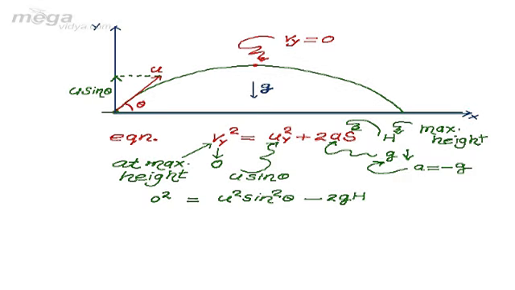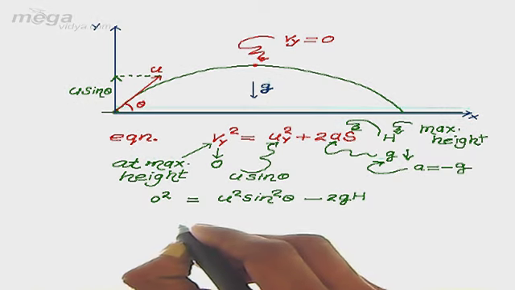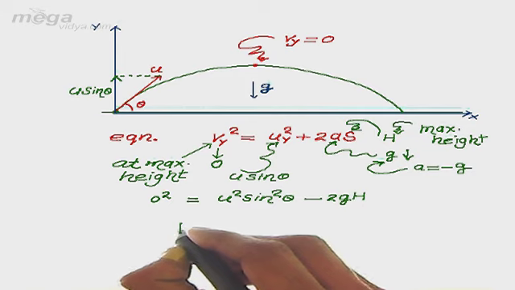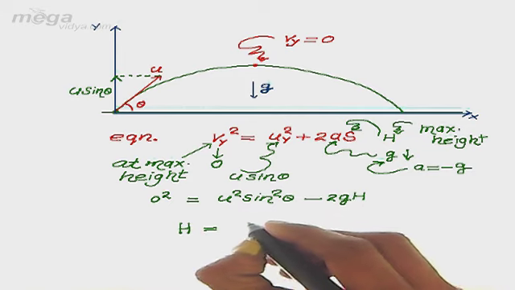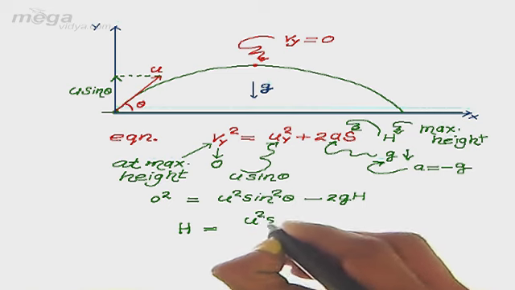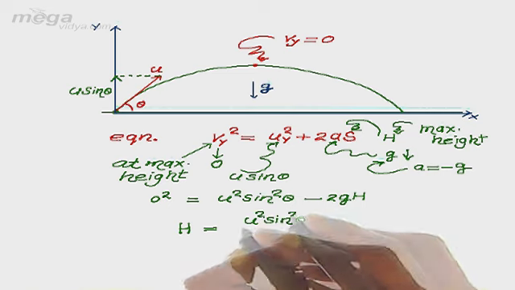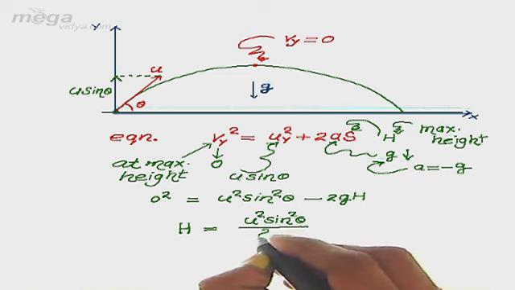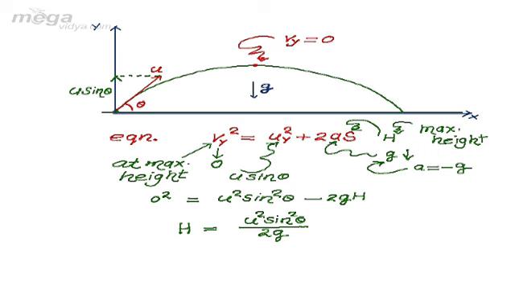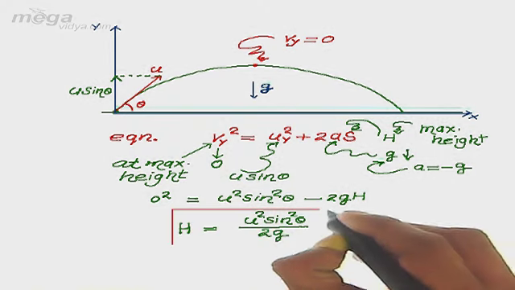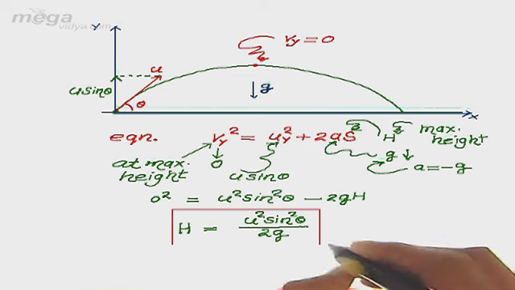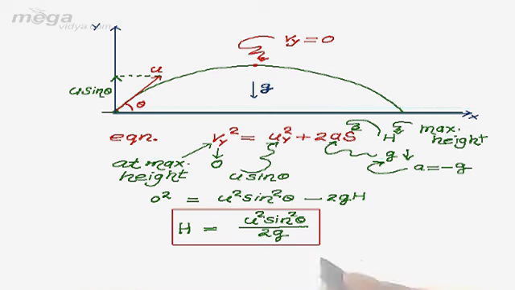So by using this equation, a very simple result comes out, which can be written as u square sine square theta divided by 2g. This is the required result for the so-called maximum height attained by this projectile.